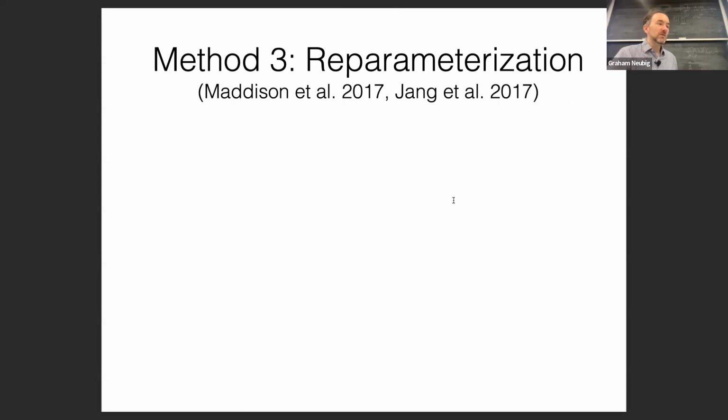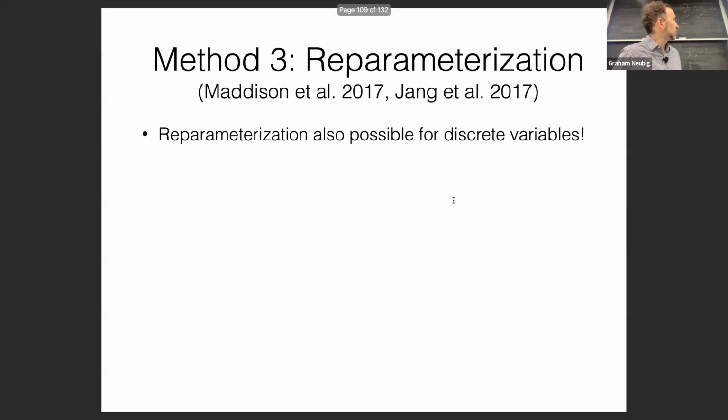But the maybe more interesting thing is that there are also reparameterization tricks for discrete variables, like we had for the latent continuous variable. Unlike the reparameterization trick for the Gaussian, these are all approximations, so they don't give you the actual value that you want, but they do allow you to approximate.